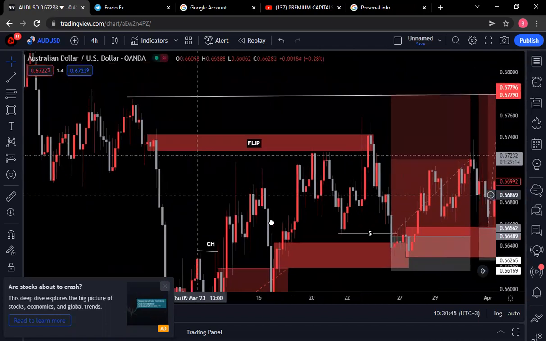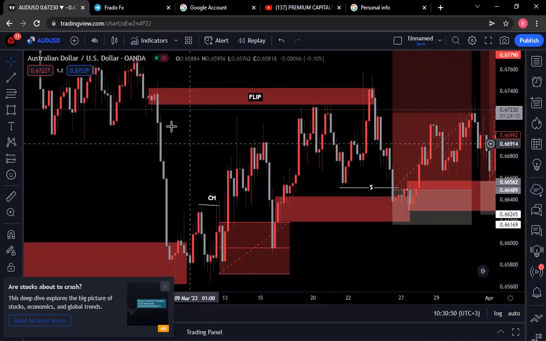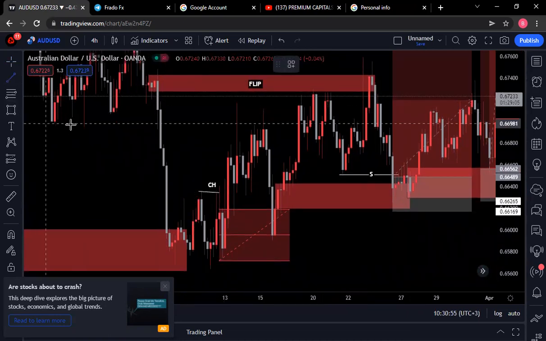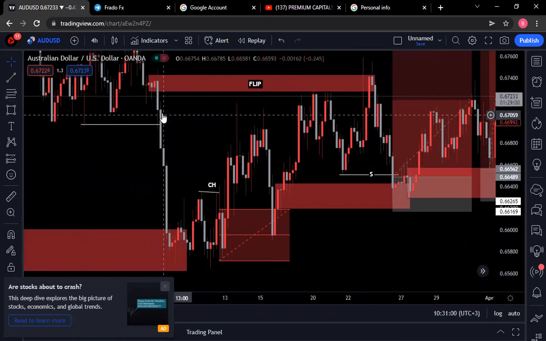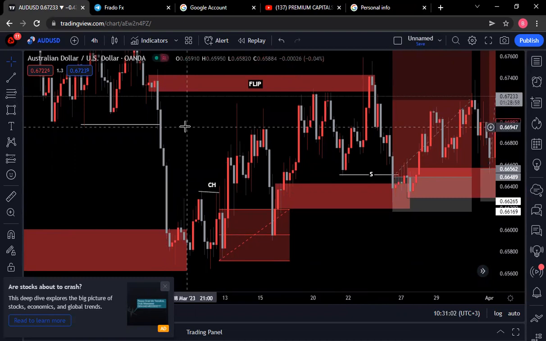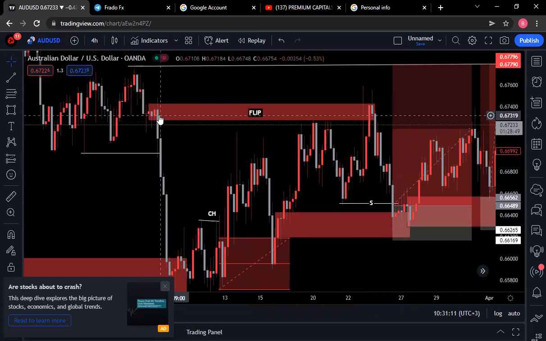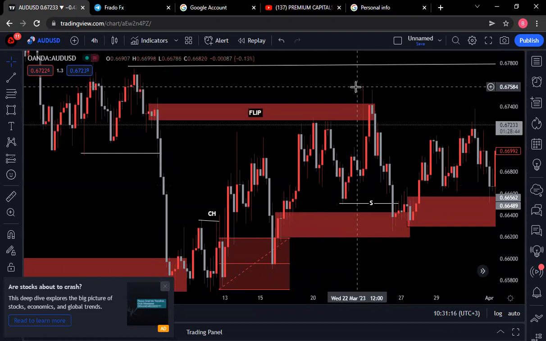You can see here we had a bearish order flow creating those supply zones, and this supply which was created here is a supply. Why? Because first of all we had this break of structure here, but also we had this IFC inefficiency. Make sure you subscribe to my YouTube channel, we will explain more and repeat this concept. So here we had a FLIP, because you can see this supply was broken by this movement here. It was broken, and this is what we call a FLIP.